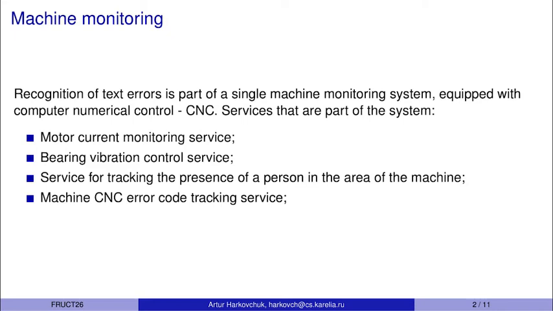Control is provided by sensors installed on the machine and cameras mounted around the machine. Machines with CNC systems already have installed sensors and a diagnostic system. The data collected and analyzed by the CNC will help the system interact not only with external data but also with internal data.